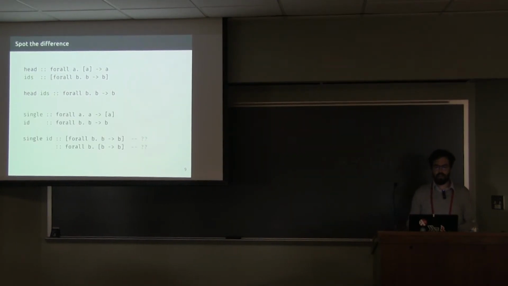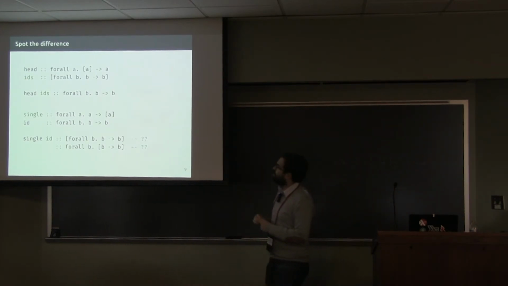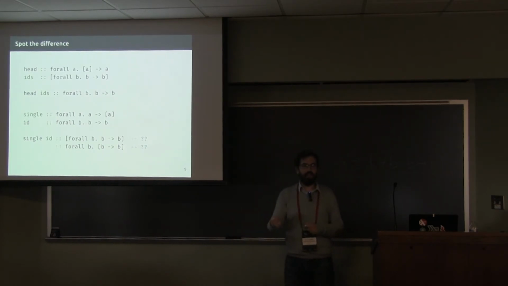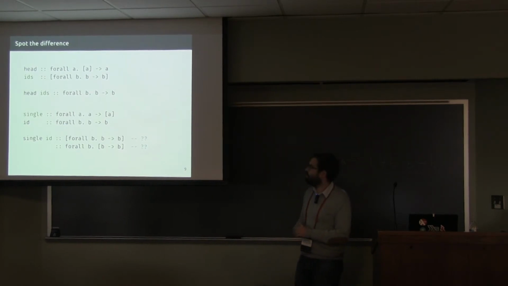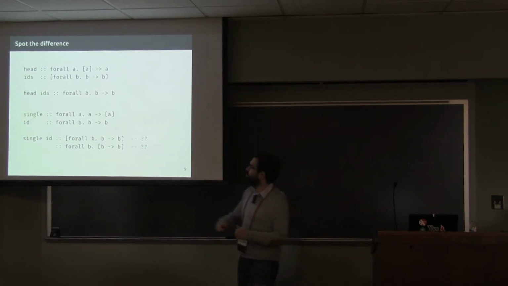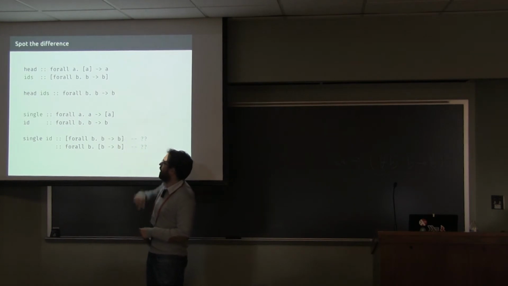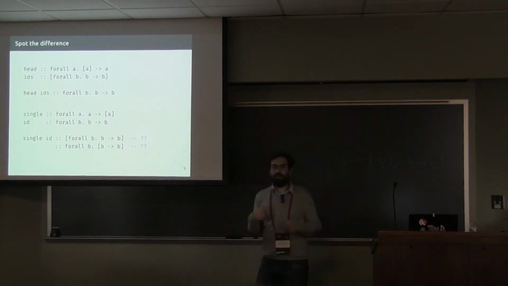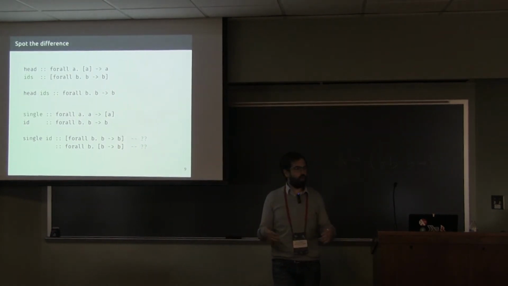On the other hand, if you reverse the order, we have this singleton, which gives you a value and creates a list with this single value. If you try to apply singleton to ID, you actually have a problem, which is that you don't know what type to give to this expression.